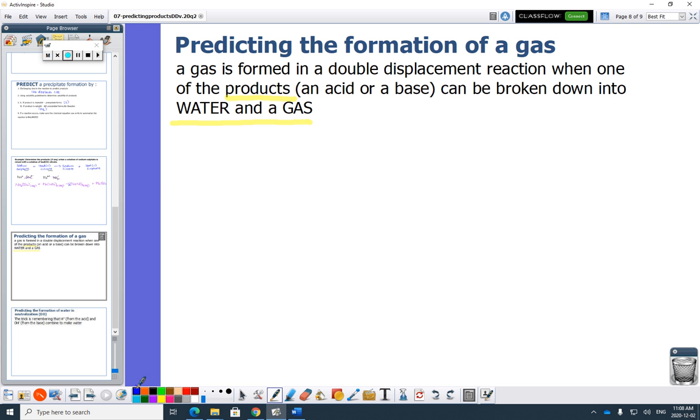So what's going to happen is we're going to do a double displacement reaction, and we're going to produce an acid or a base. So acids and bases, strong bases have H and O's to make the water.